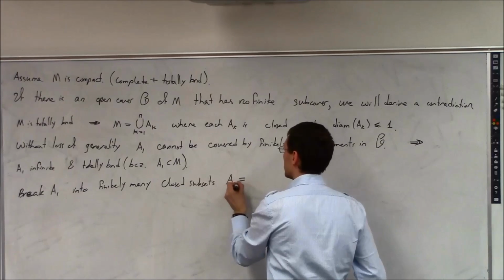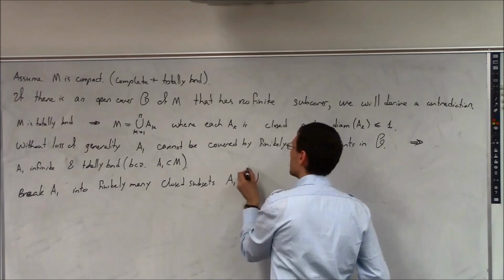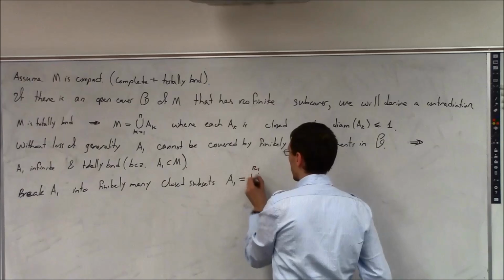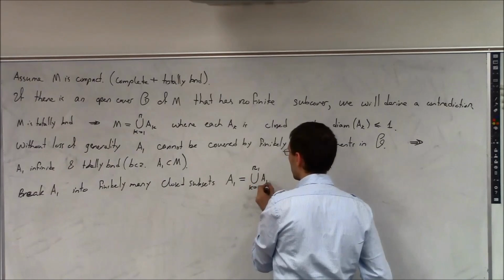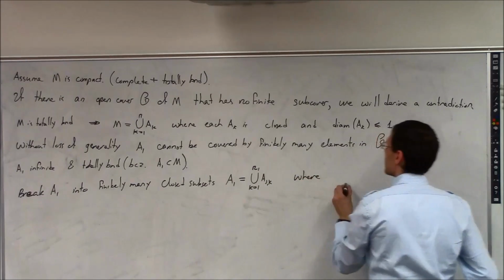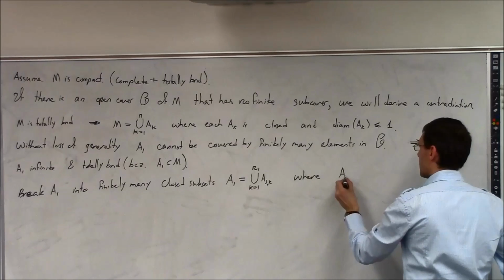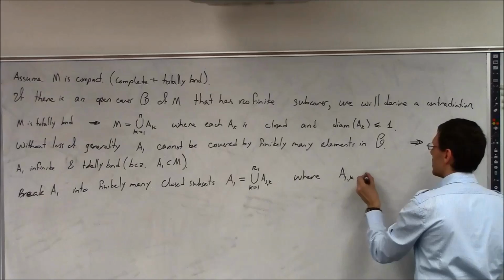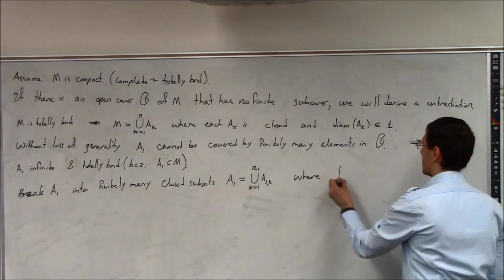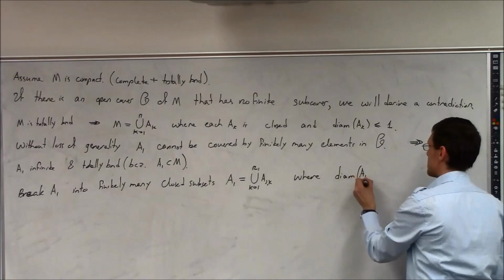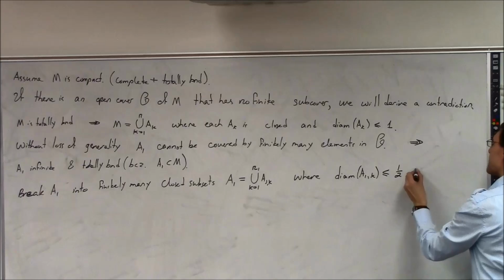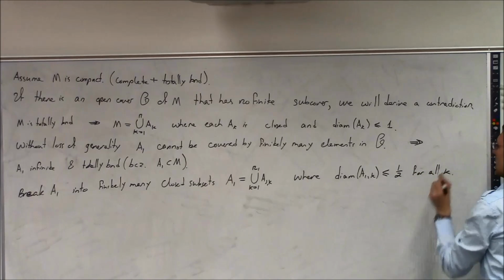So A_1 is going to be equal to the union, k equal to 1 to N_1, of A_{1k}, where the diameter of A_{1k} is less than or equal to 1/2 for all k.